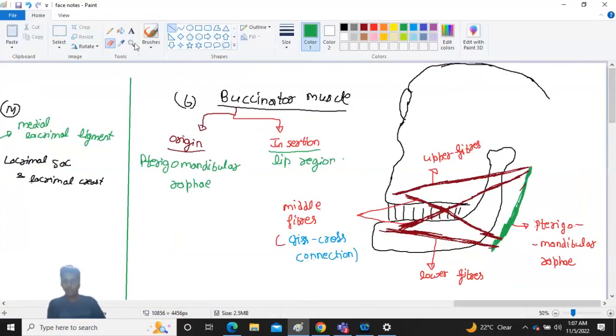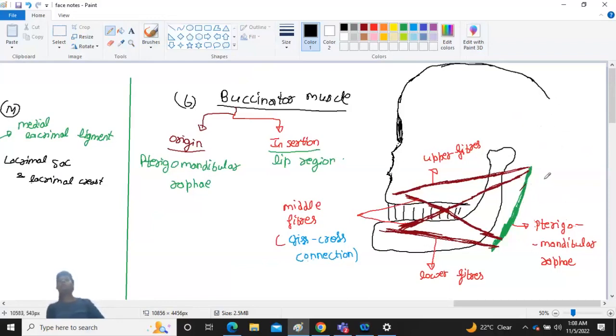Done. Here we can slightly correct it. It doesn't look like a skeleton. This is the eye. This is the nose. This is the skeleton portion.